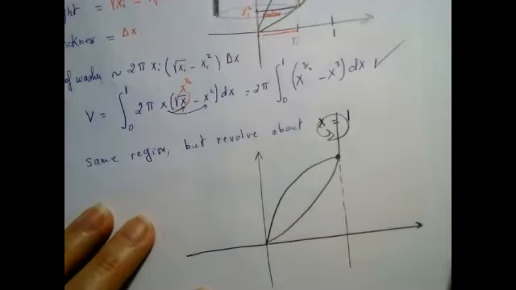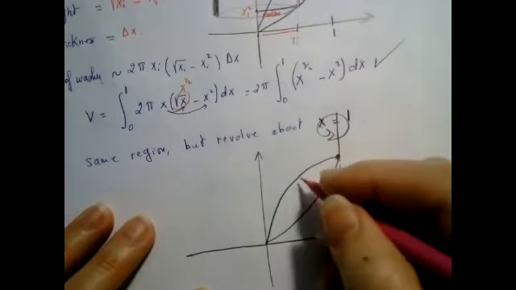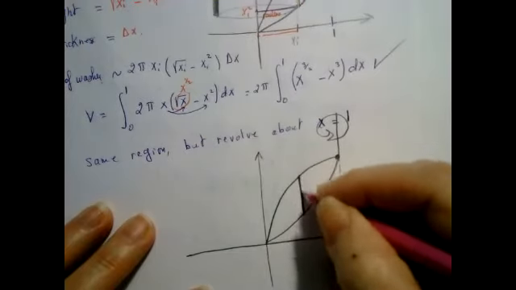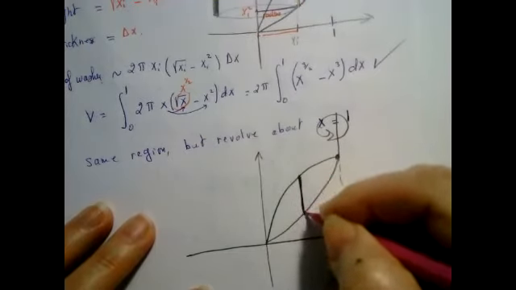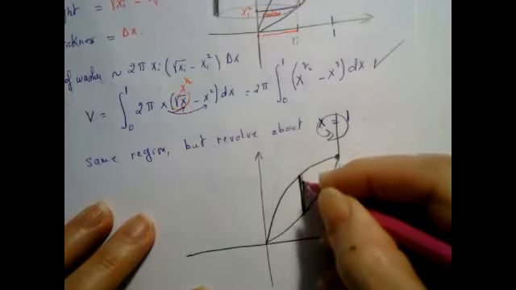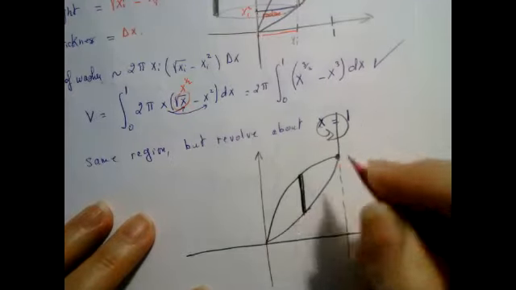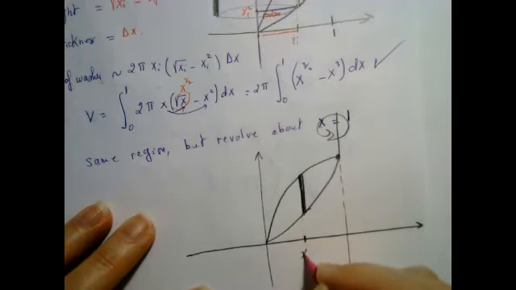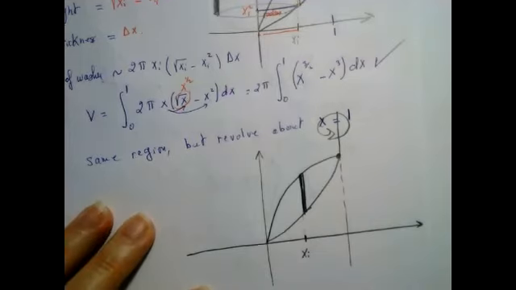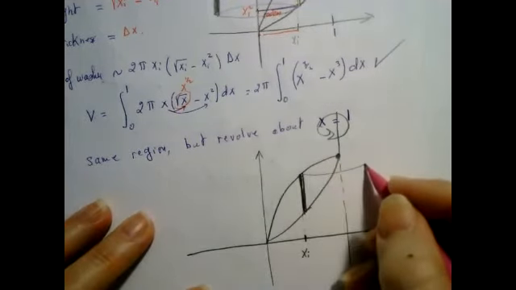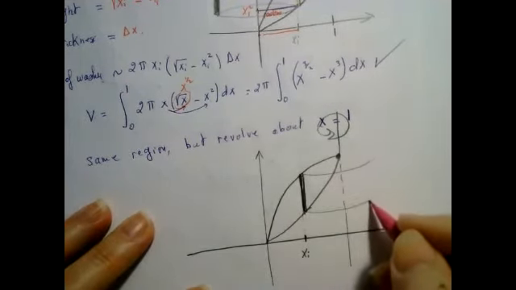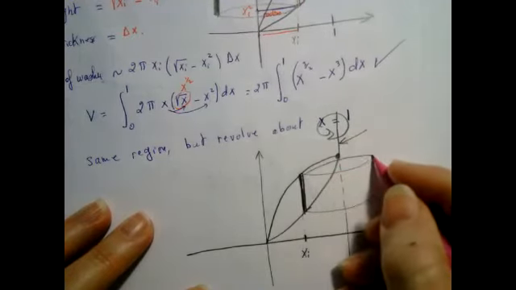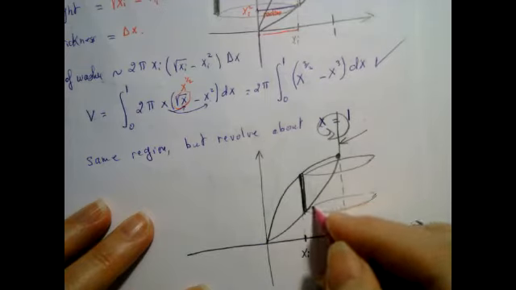I want to rotate this around the line x equal to 1. So I'm going to take my thin rectangle here. This is my xi down here. And I'm going to rotate. Remember, this is the axis of rotation. You always have to be careful with your axis of rotation.